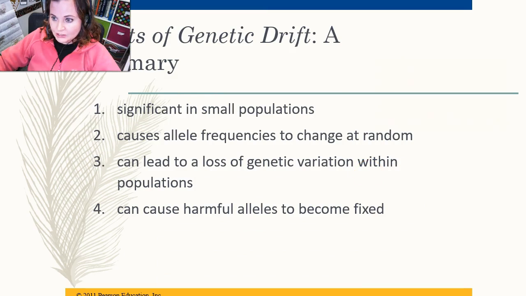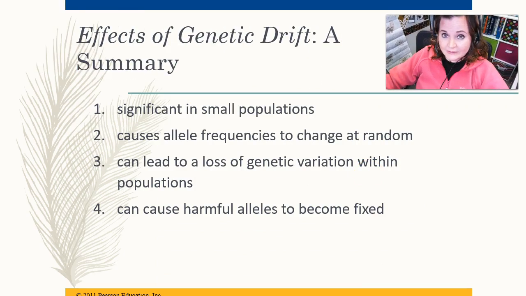All right, so genetic drift is very significant, but only in small populations. It's not a big deal in large populations, okay? Bottlenecking is also about small populations, but it's about taking a large population and reducing it down to a small population. It causes changes in allele frequency at random. It has nothing to do with the fitness of the organism.